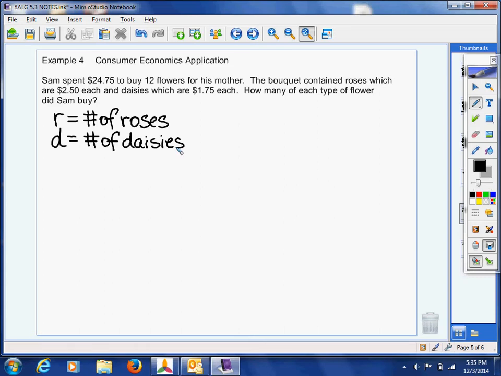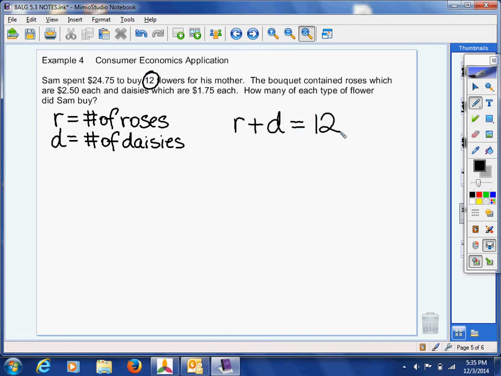Now the first one, I'm going to circle this number right here, the 12 flowers. We know he got his mom 12 flowers. We just don't know how many of the 12 were roses and how many of them were daisies. So that very first equation is going to be R plus D is equal to 12.